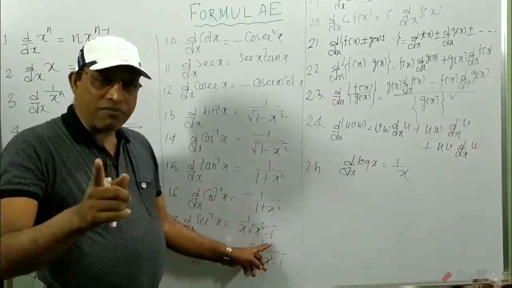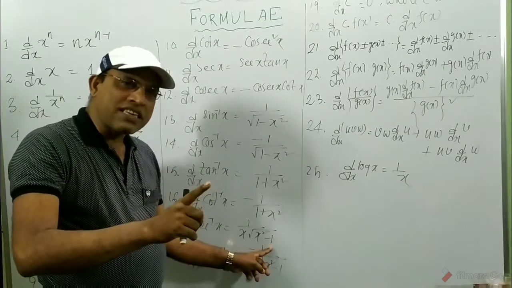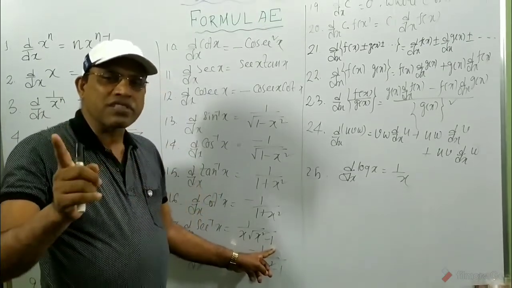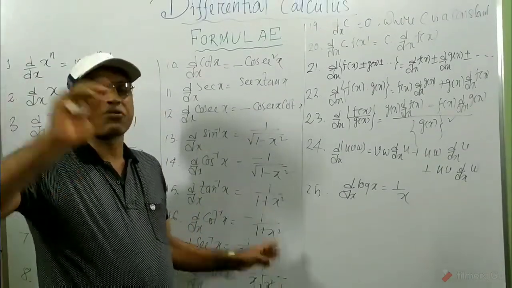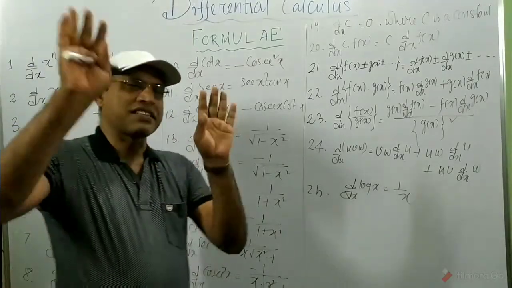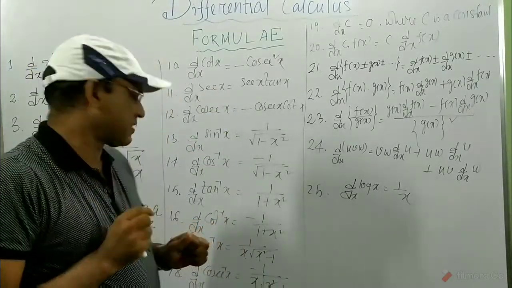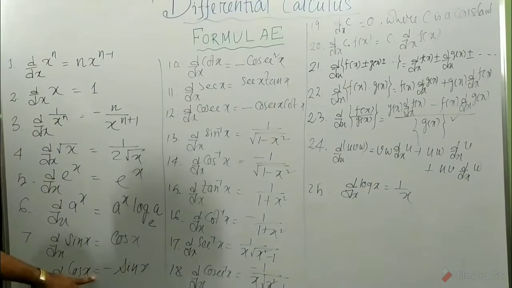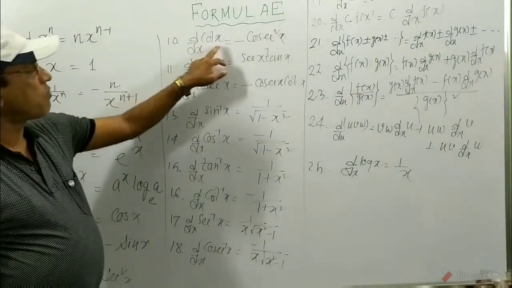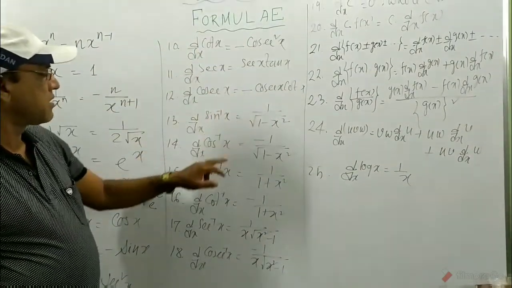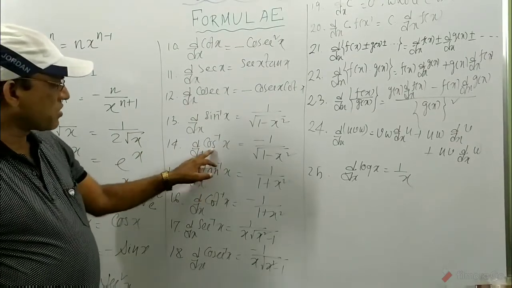So if it is cos, cot, cosec, first you write a minus, whatever be the answer.